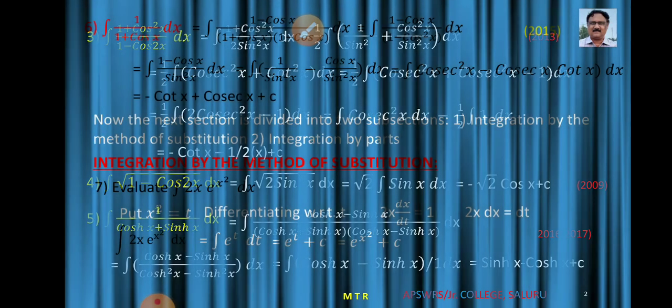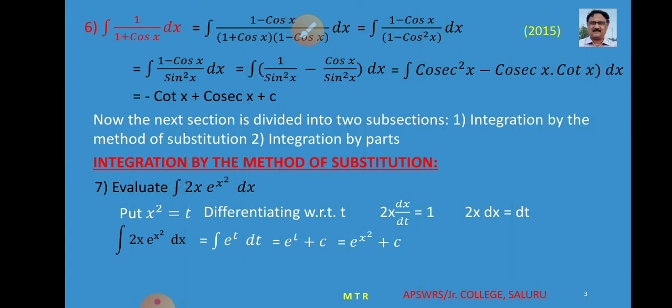Now let us see another problem. Evaluate integral 1 by 1 plus cos x dx. In the same manner, we multiply both numerator and denominator by 1 minus cos x. So 1 into 1 minus cos x is 1 minus cos x, and the denominator is 1 plus cos x multiplied with 1 minus cos x.